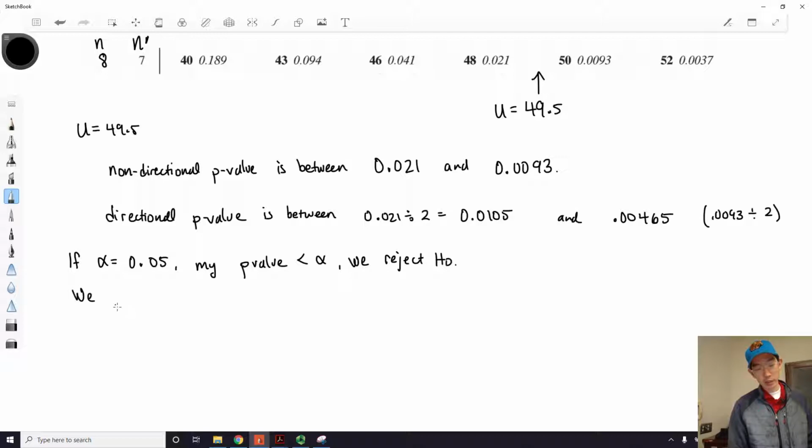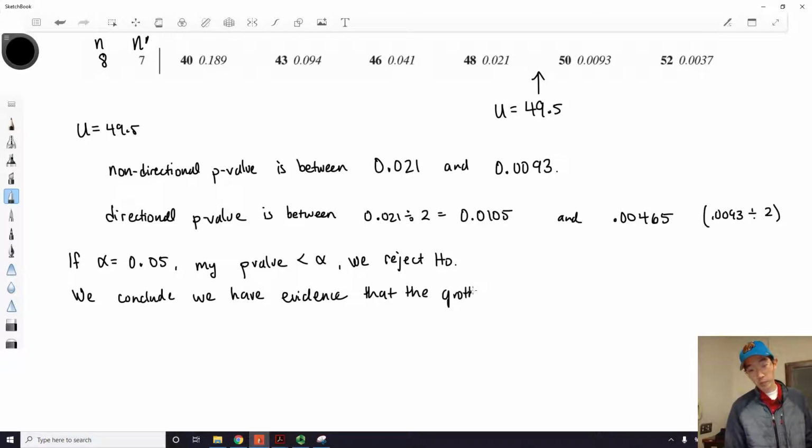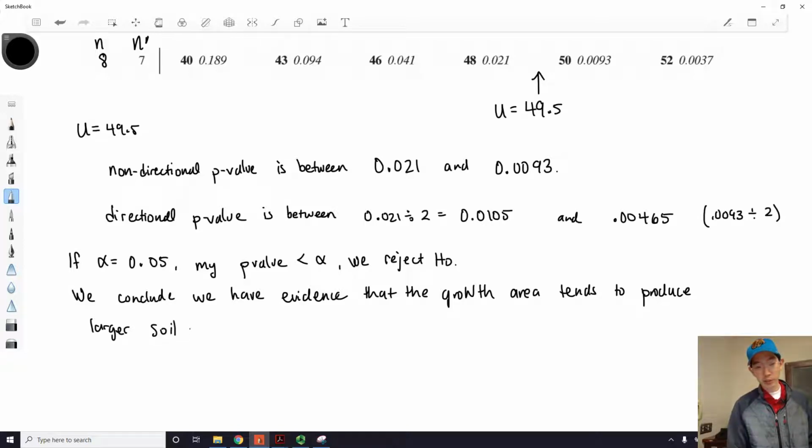And we conclude that we have evidence that the growth area tends to produce larger soil respiration values than the gap area.